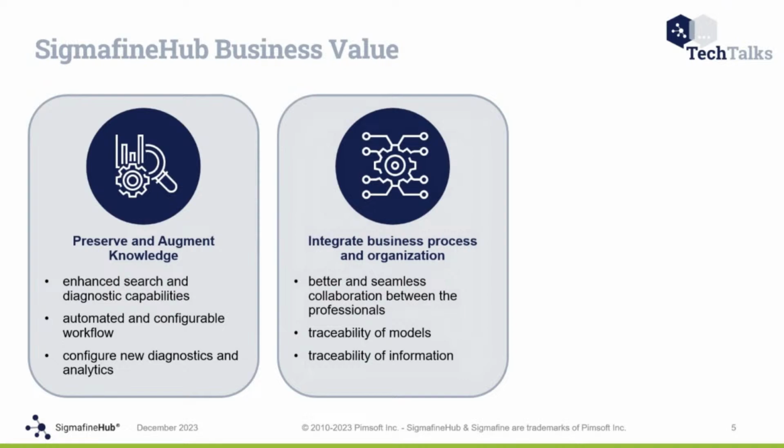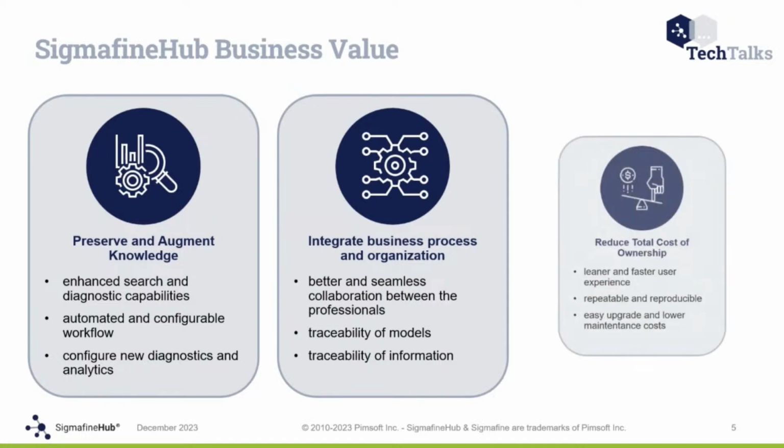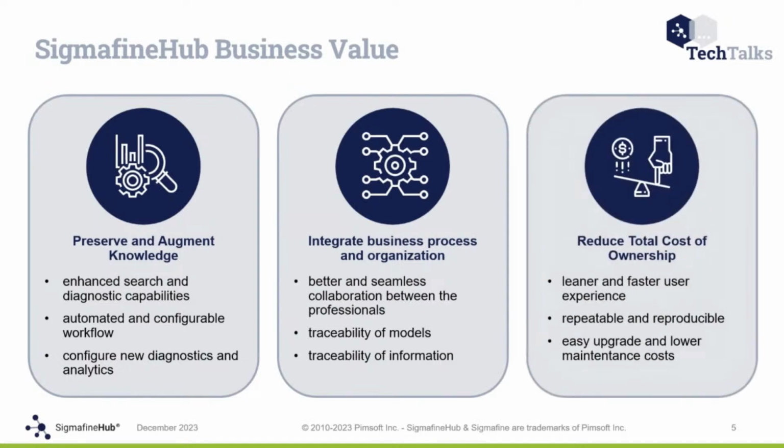It integrates business process and organization, so a better and seamless collaboration between professionals. You have a much better traceability over models and information and displays. And you will see now, versioning is really rigorous in SigmafineHub, and allows you to follow all of these changes using versioning. It reduces your total cost of ownership.